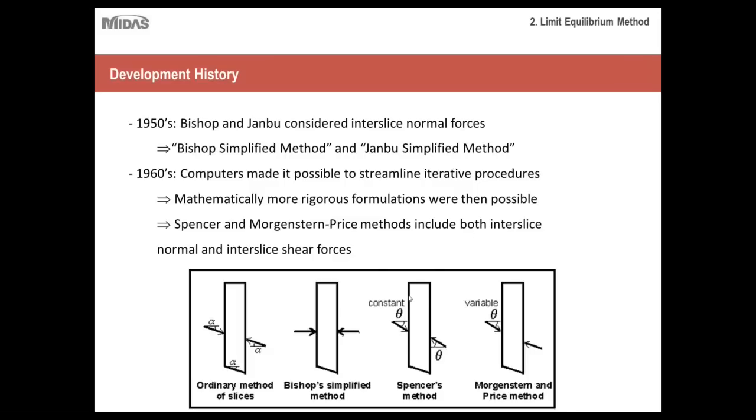So the Spencer and Morgenstern-Price methods not only consider the normal forces, but also shear forces, or forces that are acting up and down between the slices. This is harder to do and more mathematically rigorous, but because of computer programs, engineers were able to utilize these methods to get more accurate, more detailed results from their limit equilibrium analyses.